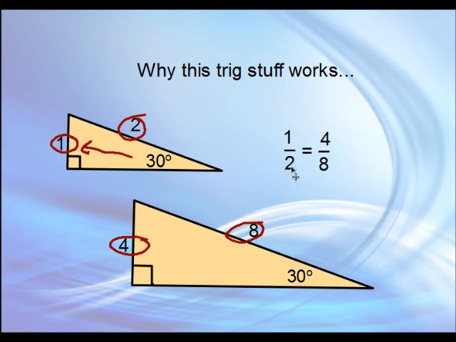Notice that 4/8 is the same thing as 1/2. 1/2 is 0.5. If you were to determine, since this is opposite and hypotenuse that I'm using, the sine in your calculator, it would come up to 0.5, which, by the way, is what we have here. And no matter how big the triangles are, those sides are always in proportion because the scale factor remains constant. And that's why this trig stuff works.